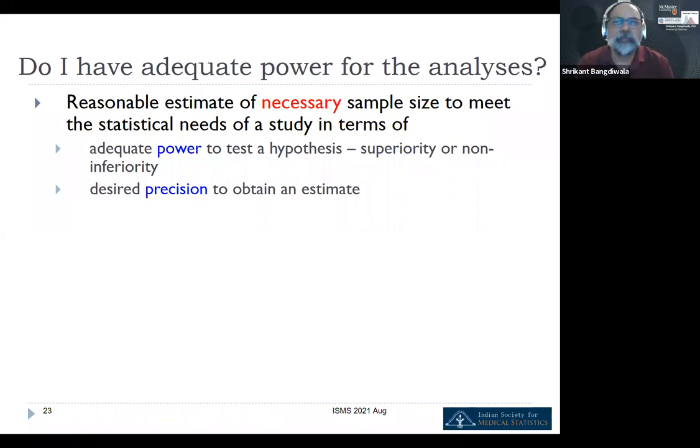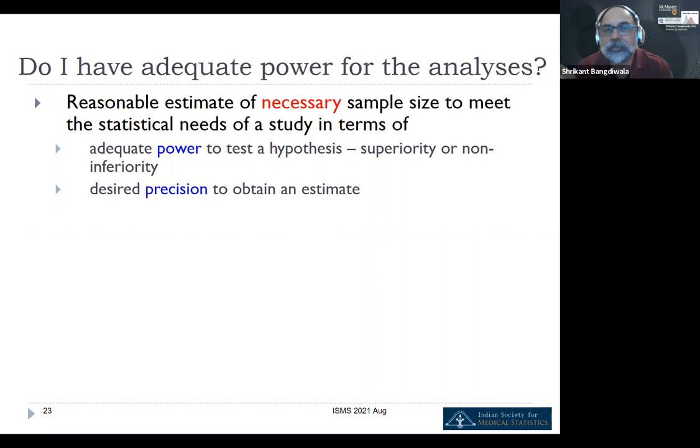That is many times problematic because funding agencies don't like you asking in the middle of a funded study, give me more money because I need a larger sample size, or give me more time to recruit, and so forth.